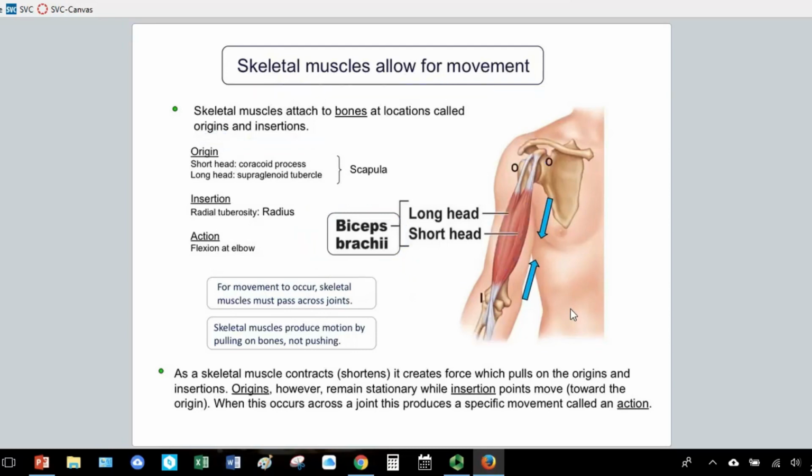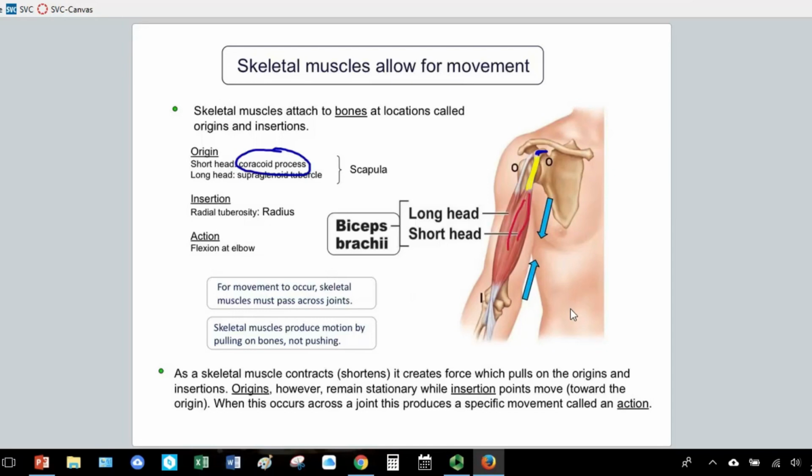So for the bicep, the origin is up here. It has two origins. One is the coracoid process of the scapula, and you can see that the bicep is attached to that via this tendon.